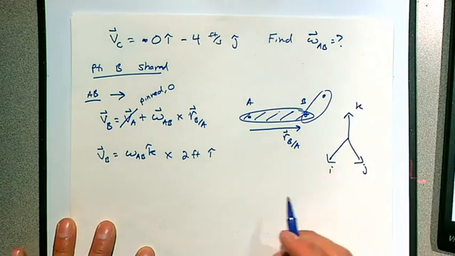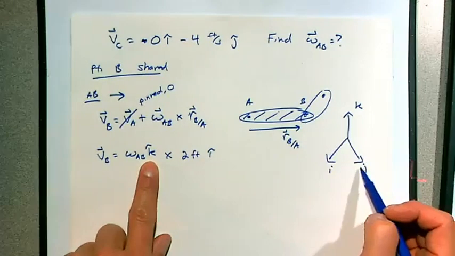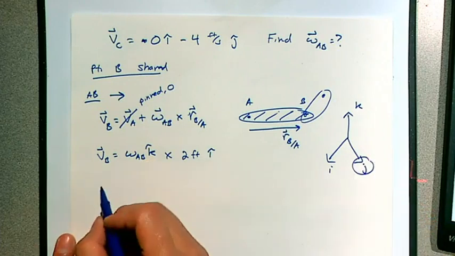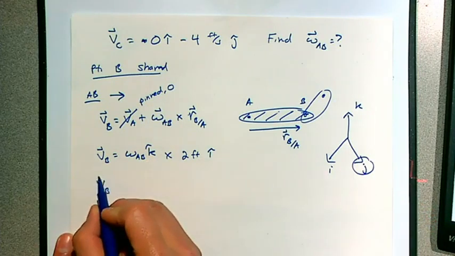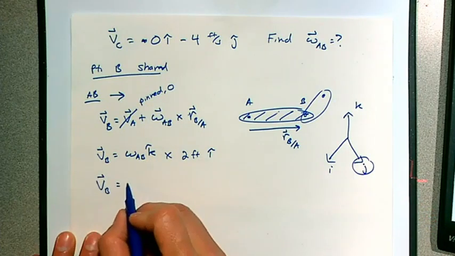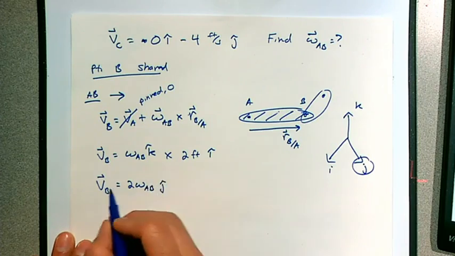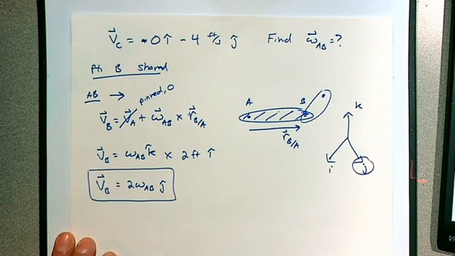In the I, J, K coordinate system, K crossed with I leaves something in the J. So I've got 2 omega AB J. That's as good as I can do for now.